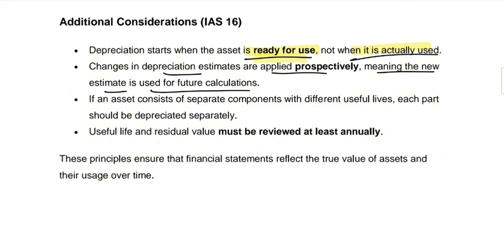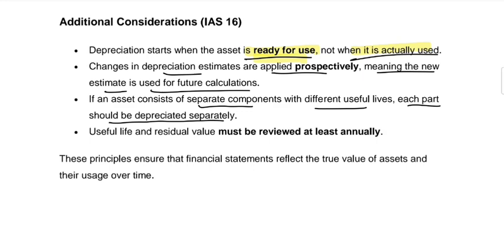If an asset consists of separate components with different useful lives, each part should be depreciated separately because they are going to provide separate economic benefits for you. For example, in aircraft, you might see the engines have different useful lives than the other components of the airplane, because they will need replacement at different parts of the airplane's total life.